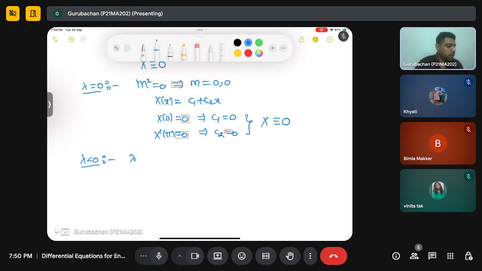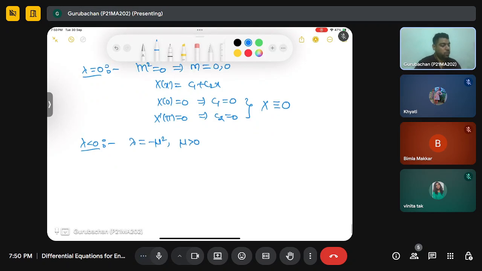That means lambda can be minus mu square, and mu can be any positive quantity.